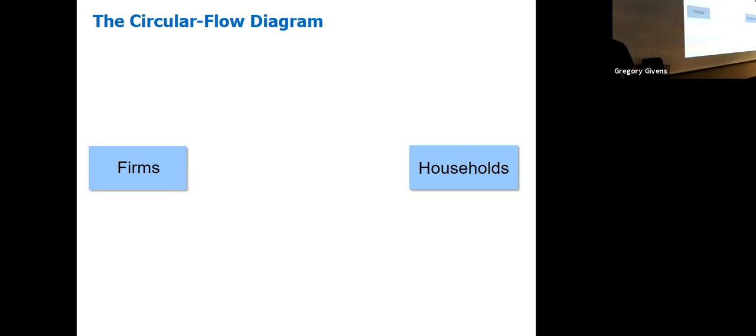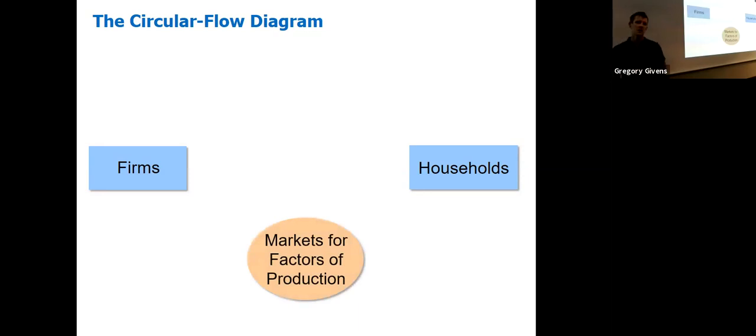The other useful thing about this particular diagram is it shows exactly how these two decision makers interact with one another, okay? Now, one way they interact is through something called the markets for factors of production. By the way, when agents are interacting with one another in the economy, they're always doing so through markets, okay?